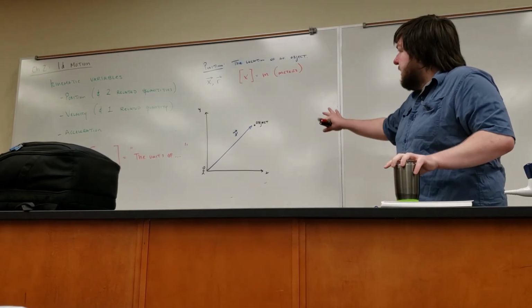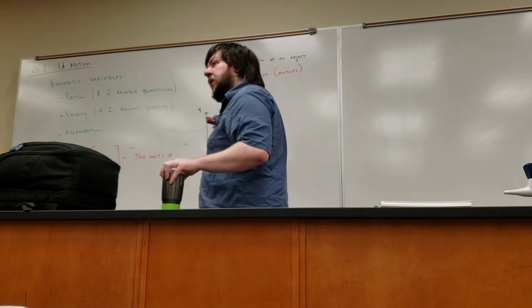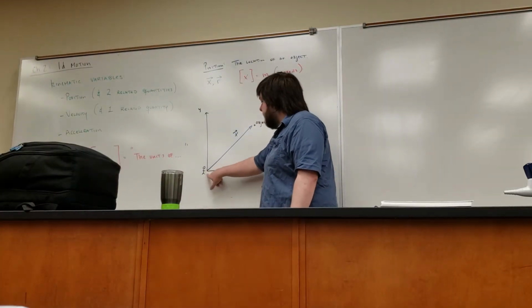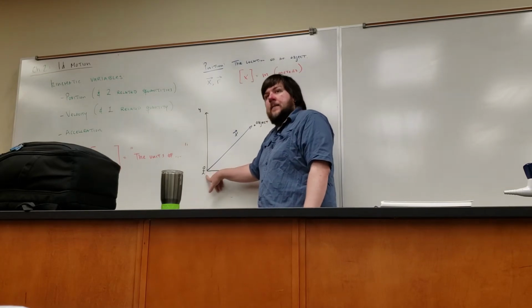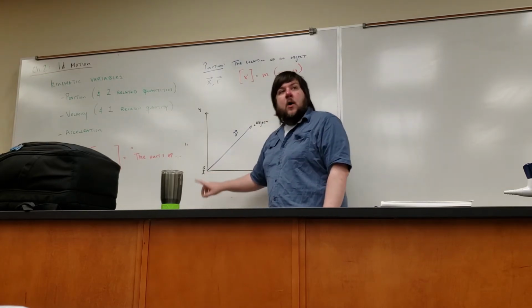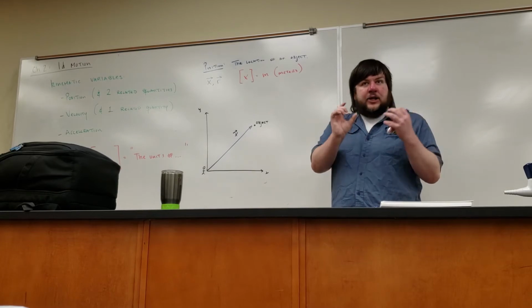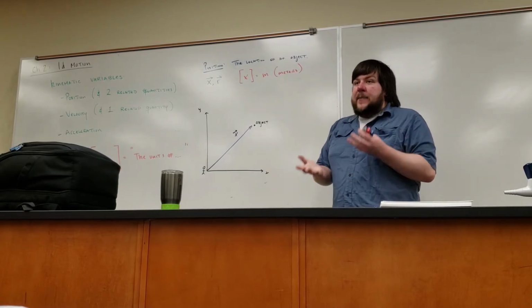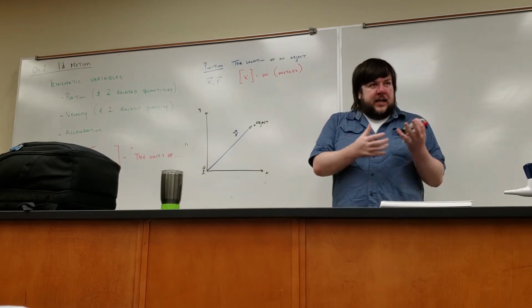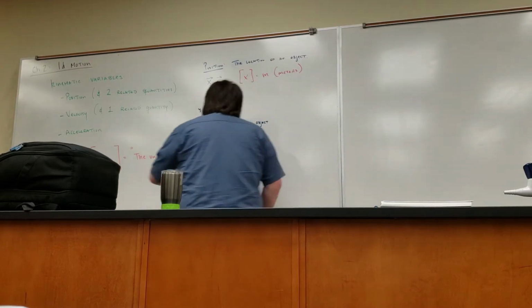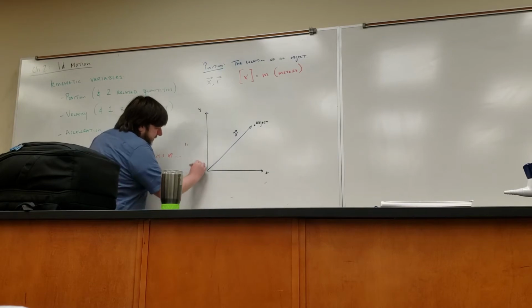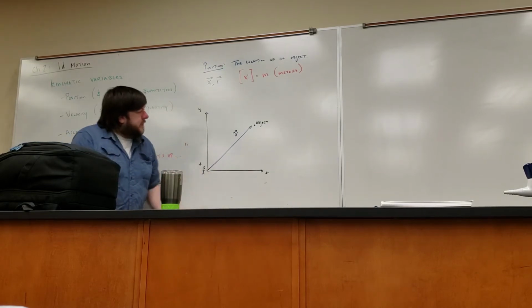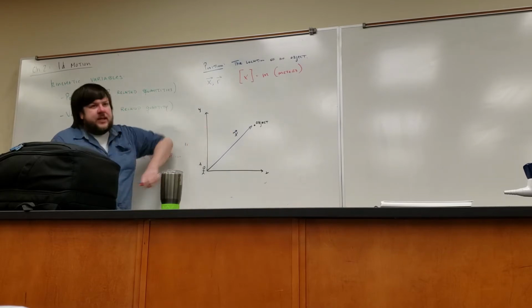Position, it turns out, is not going to be a really useful quantity because it depends on your choice of coordinate system. The actual vector that describes the position changes dramatically based on your arbitrary choice as a human being. Let's say this person here is Alice, starts with an A, and Alice chooses this coordinate system, and Alice measures this position.